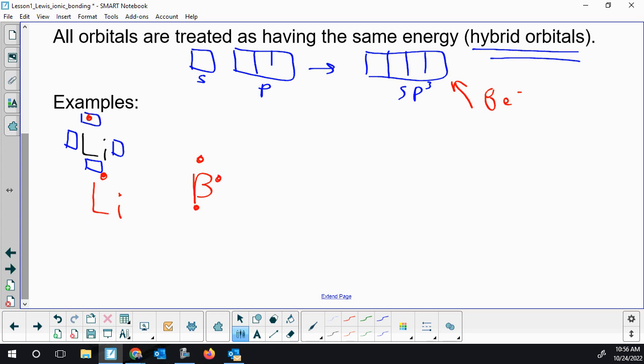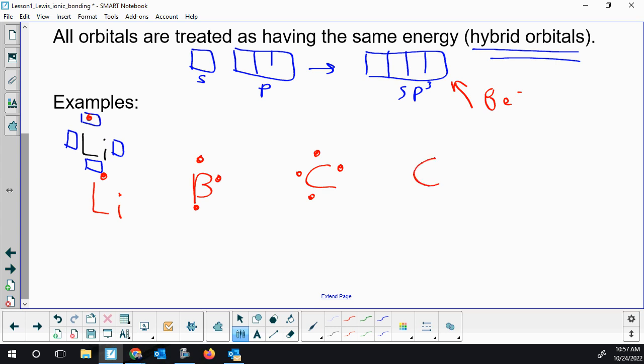We spread out the electrons and we only pair them up when we have more than 4. Moving on to group 4A, carbon. It's the 4th group. So I go 1, 2, 3, 4. Okay. We're not filling up the S and moving on to the P's. We've mixed them all and we're just spreading them out before we pair up.